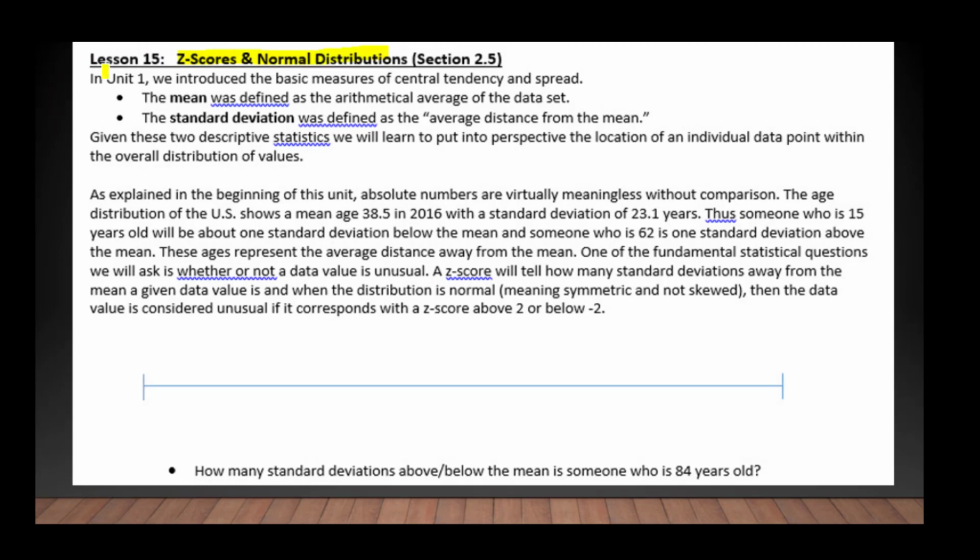In Unit 1, we introduced two basic measures of central tendency. The mean, which would be defined as the arithmetic average of the data set, same as the average, and the standard deviation, which we define as the average distance from the mean.